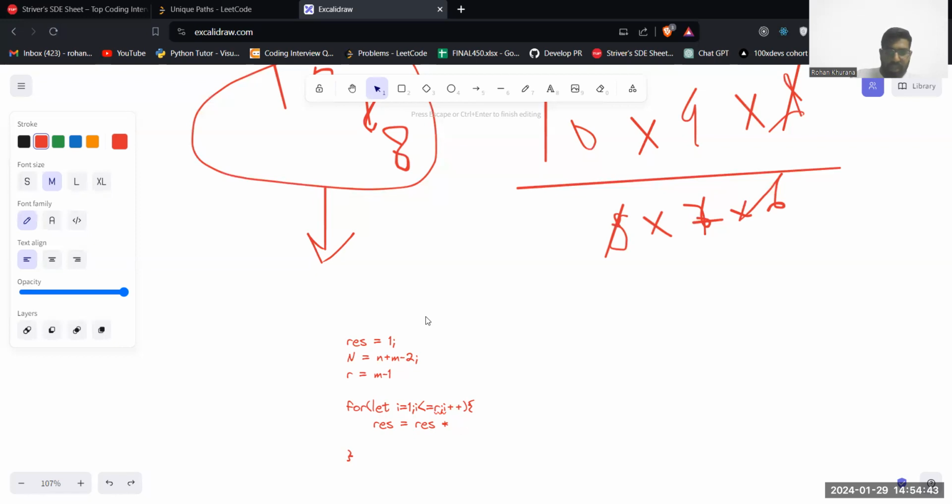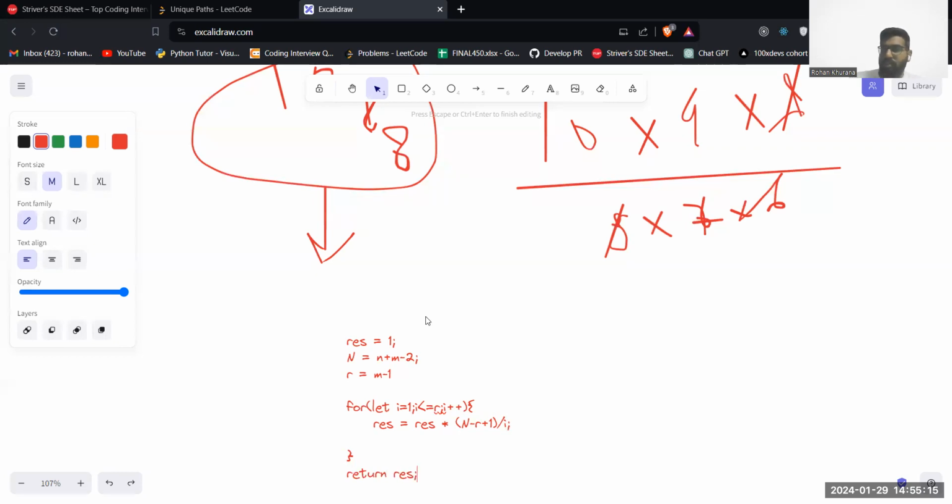It will be N minus R plus i, divided by i. Is it plus i or plus 1? Let me consider it. Let's say N is 2. It should be plus 1, divided by i. Great, let's try.